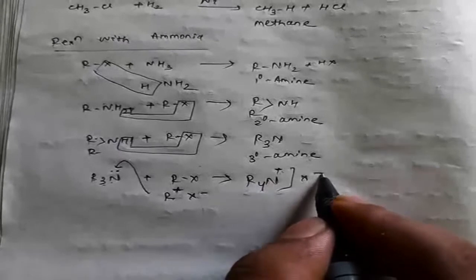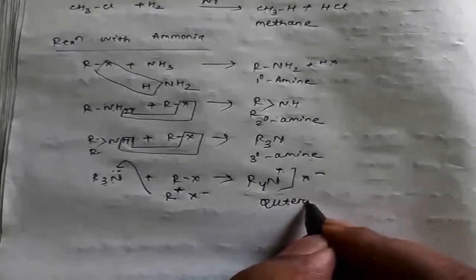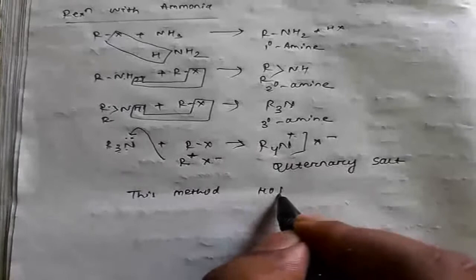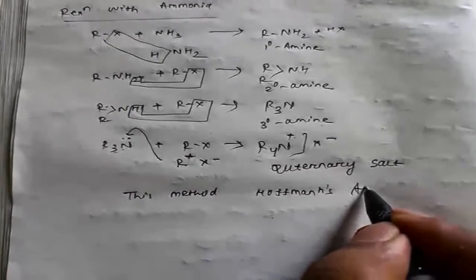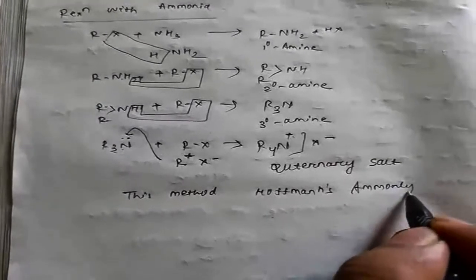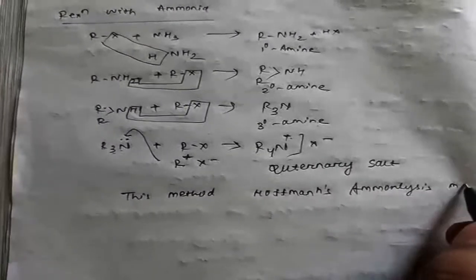This is positive and negative, that is a type of salt. This is called quaternary salt. This method is called by a particular name, that is Hofmann's ammonolysis method.